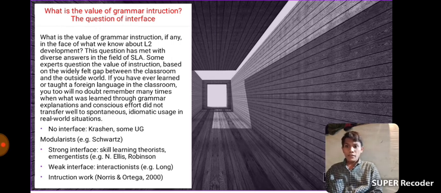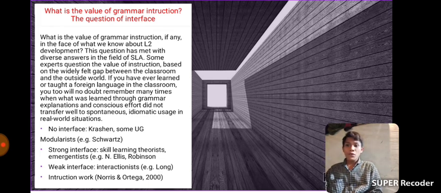If you have ever learned or taught a foreign language in the classroom, you too will no doubt remember many times when what was learned through grammar explanations and concepts didn't transfer well to spontaneous, idiomatic usage in real world situations. Here, it's divided into 5 types.